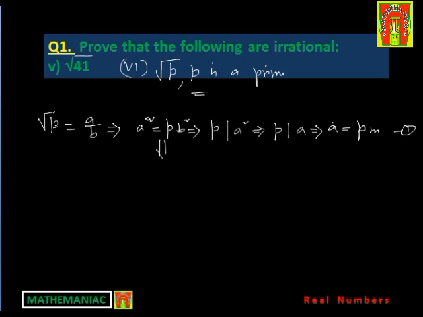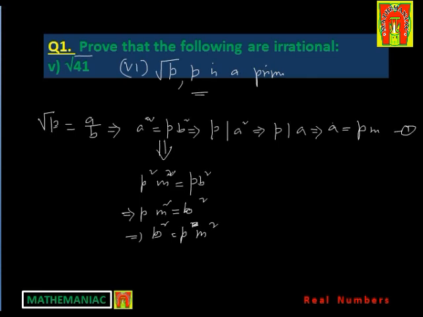Fine. Now a is equal to pm, you put it in this equation. So if I put it here in this equation, a square means p square m square is equal to p square b square. So from here you can see that p cancels, it is m square and b square. Now b square will be equal to, sorry, this is not square, right?